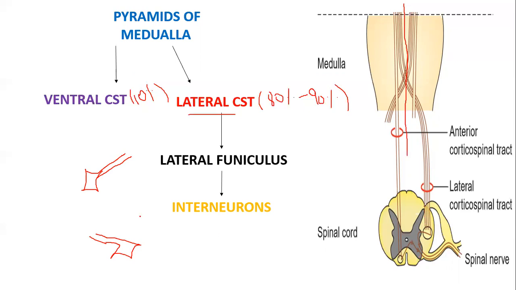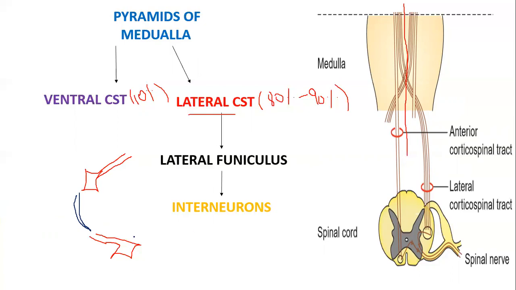These have to be connected somehow, which means the impulse carried by this neuron has to reach this neuron, but there is no direct connection. There comes the role of an interneuron that connects the afferent neuron with the efferent neuron. To be very simple, an interneuron is a neuron present between two neurons.